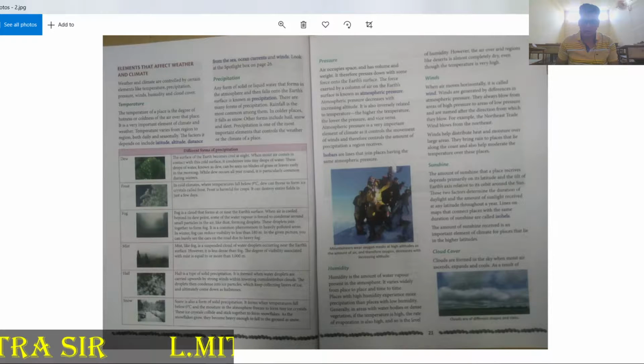So now today we are going to discuss the elements that affect the weather and climate. This we have to discuss one by one.